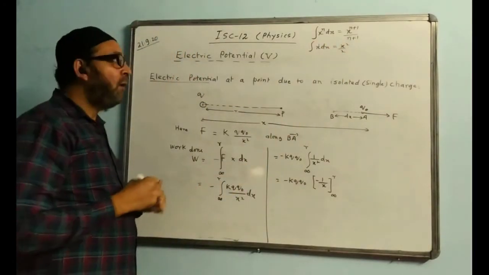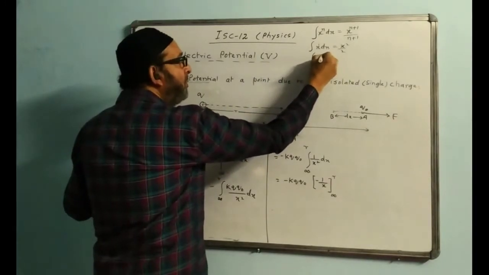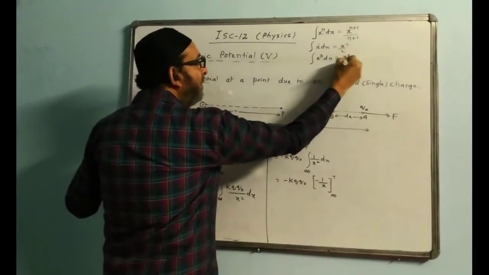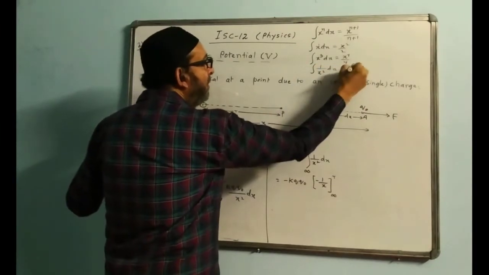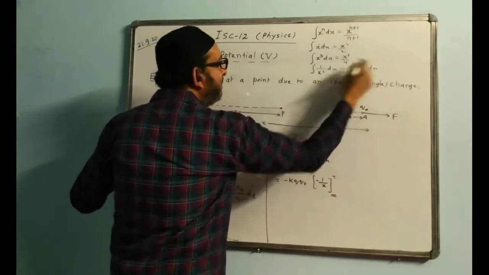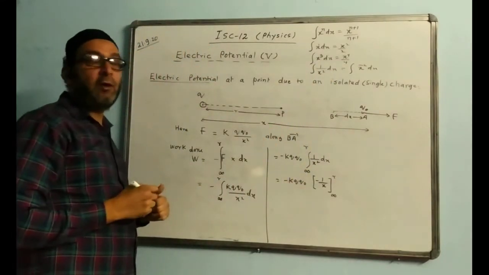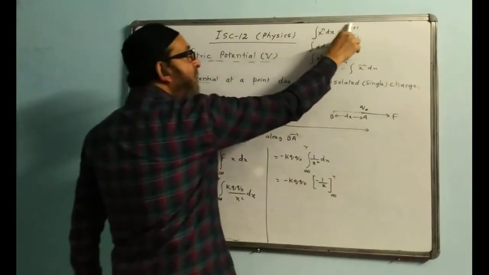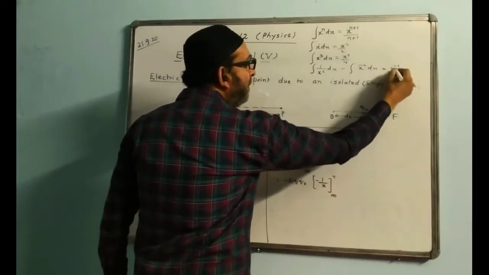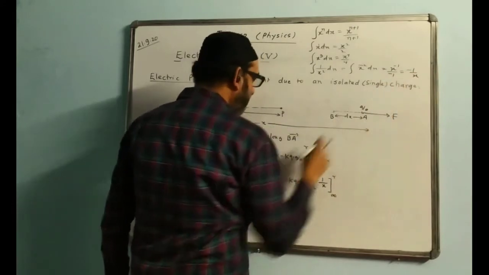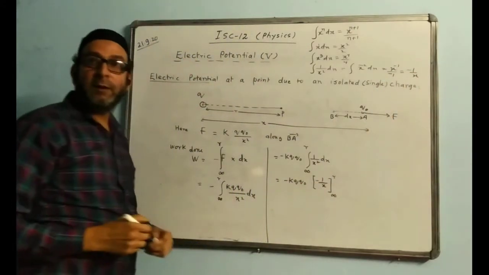If we have x cube dx, this will become x to the 4 by 4. Similarly, we have 1 by x square dx, which is x to the power minus 2. Using the formula, minus 2 plus 1 by minus 2 plus 1 becomes minus 1 by minus 1 times x to the minus 1. This answer gives minus 1 by x.